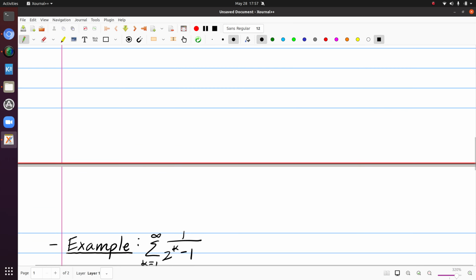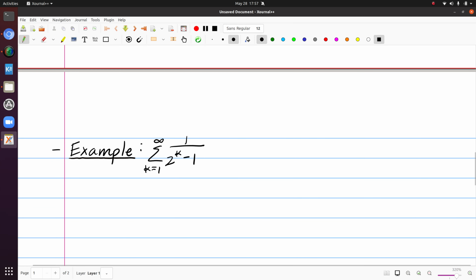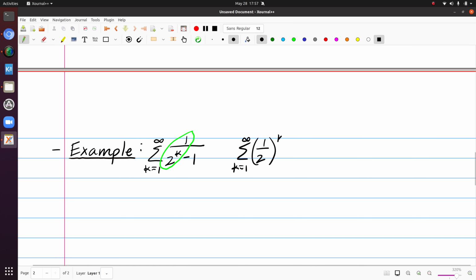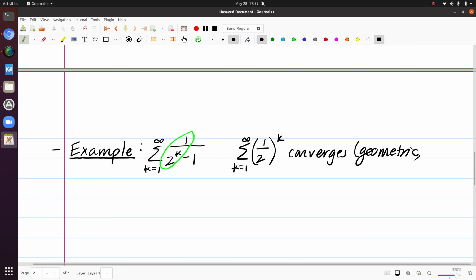For another example, we can look at 1 over 2 to the k minus 1. Again, that almost looks like a geometric series, which would make me think of using the comparison test, where I'm focusing on this part here. So the sum of 1 over 2 to the k, which is 1/2 all raised to the k, I know that that sum converges because it's geometric, and the absolute value of r, which is 1/2 here, is strictly less than 1.